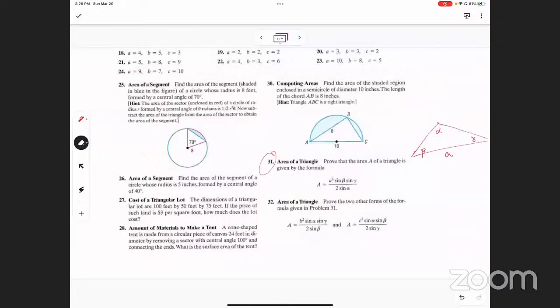The area equals 1/2 AB sine of C. So let's call this B and let's call this C. Which one should we use?